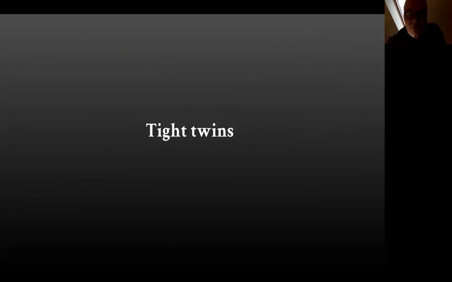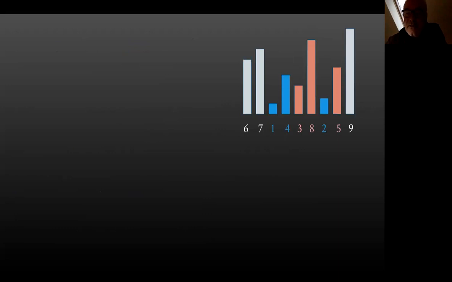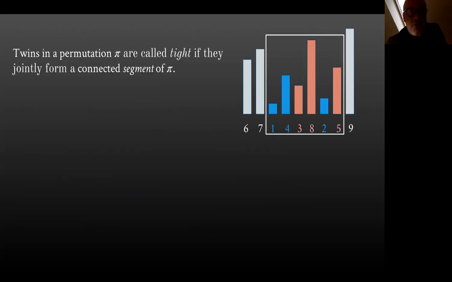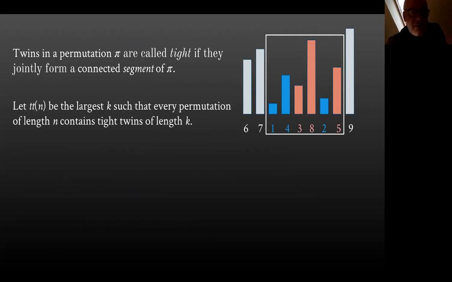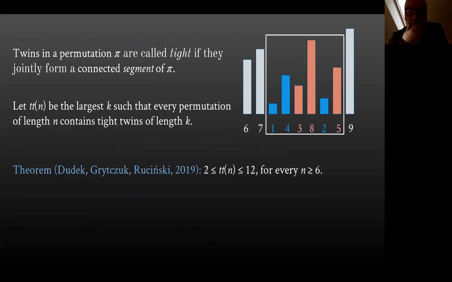And since we are not able to solve this conjecture, we are thinking of some variations. And the first variation is tight twins. So these are twins that occupy a segment. So they are placed in a permutation in this specific way. And we define similarly the extremal function. And now we could bound this function from above by a constant.